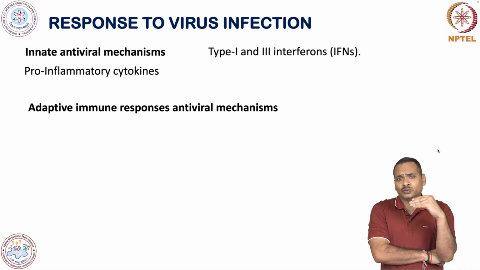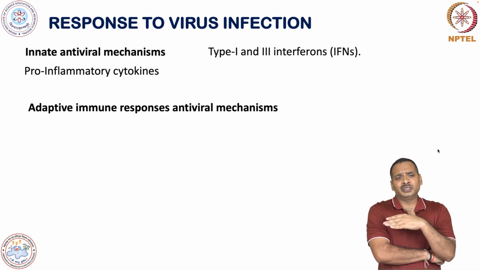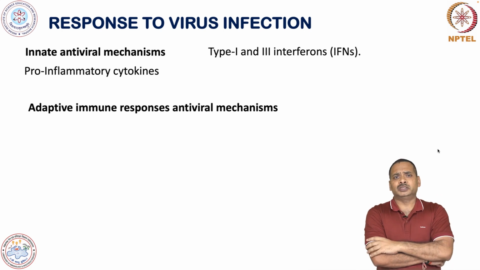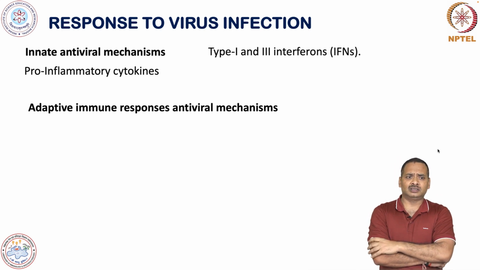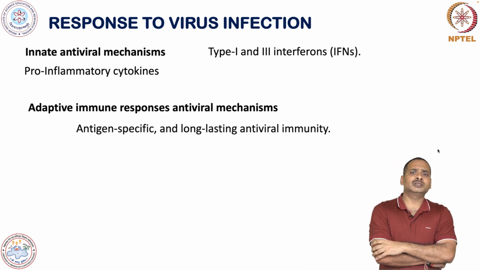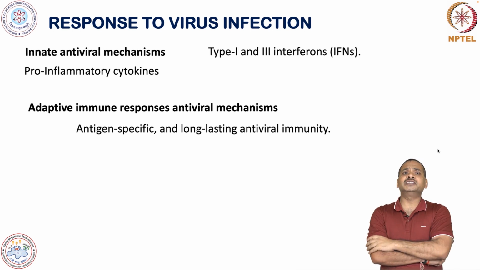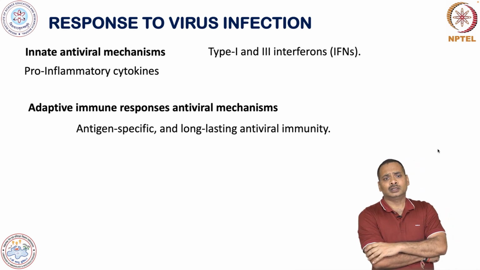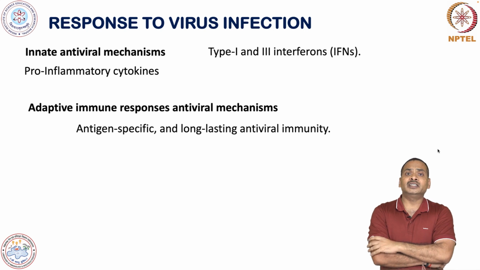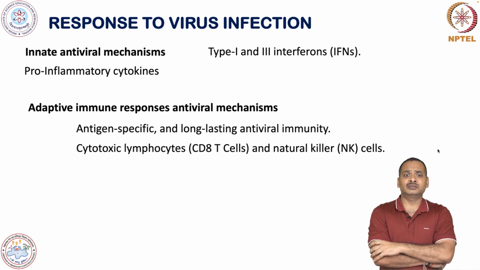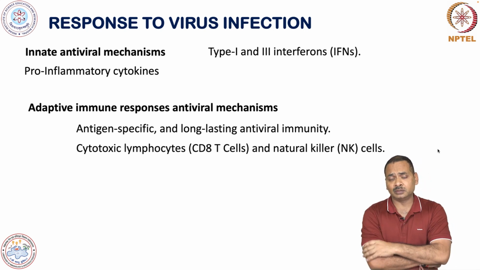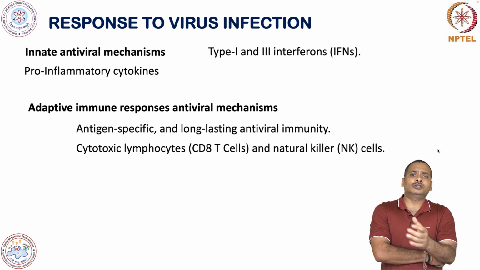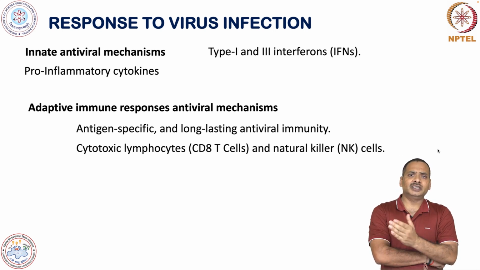Of course, when the virus is not cleared by innate immunity, that will trigger the adaptive immunity. We have discussed this earlier, and this is basically the generation of antigen specific long lasting antiviral immunity, which is mainly mediated by cytotoxic T cells, which are CD8 T cells.